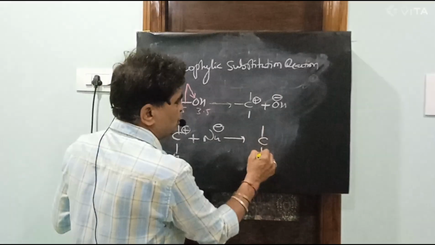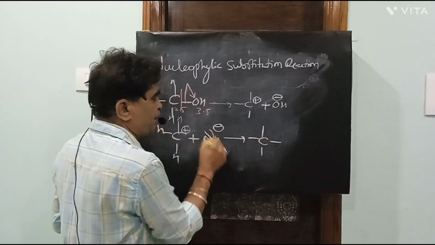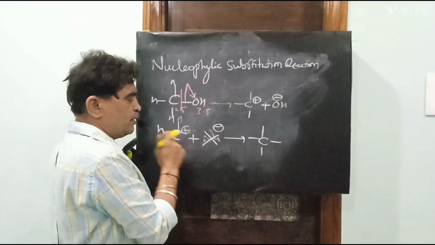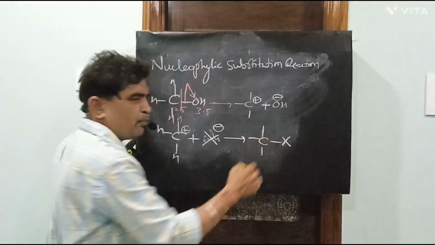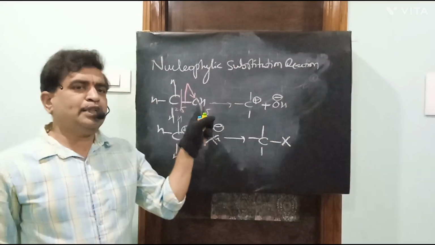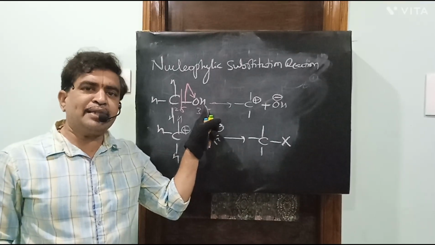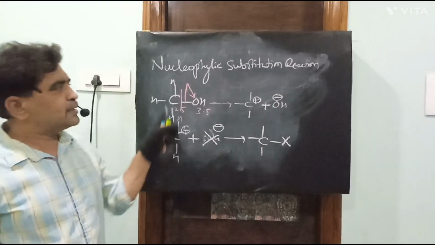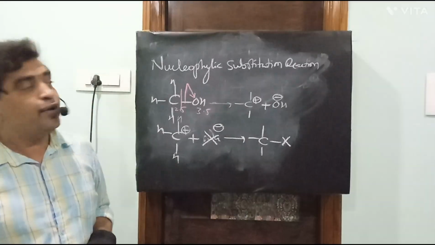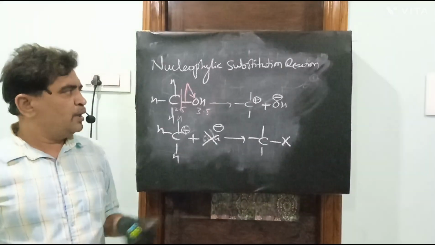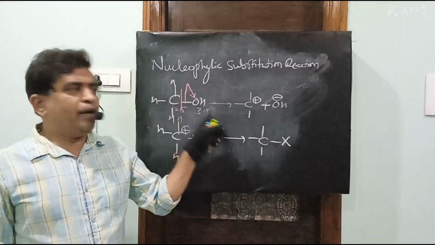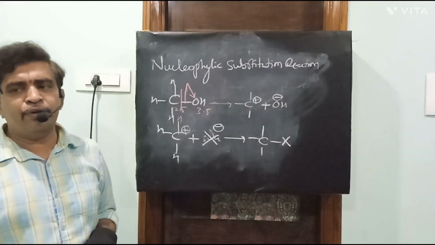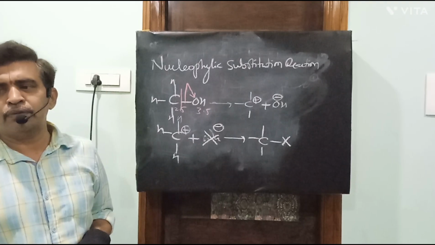The X nucleophile is added to the carbon and one compound is formed. Here the OH minus group is eliminated as a nucleophile and another nucleophile is substituted. Such types of reactions are called nucleophilic substitution reactions. One nucleophile is eliminated and one nucleophile is substituted, so automatically the reactions are called nucleophilic substitution reactions.